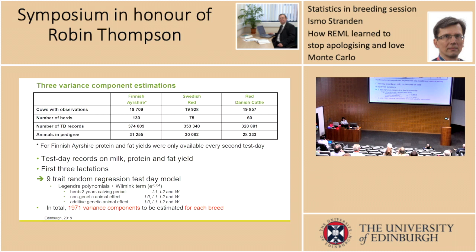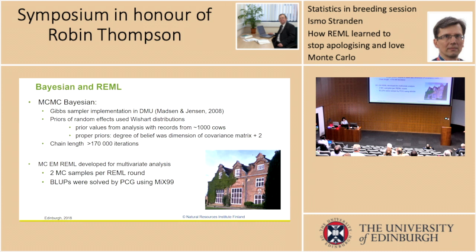Test a model, 9 traits, many variance components, in total almost 2,000. And 2 implementations, one in DMU and the other one in Mix99. So comparisons between software are difficult, but they should give some kind of idea of how these work.